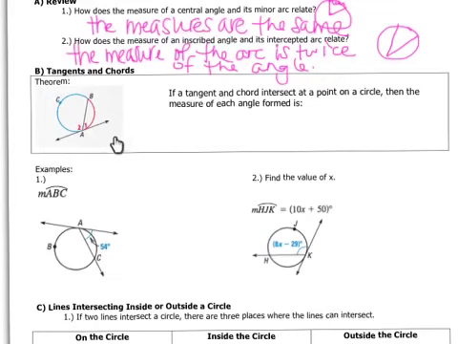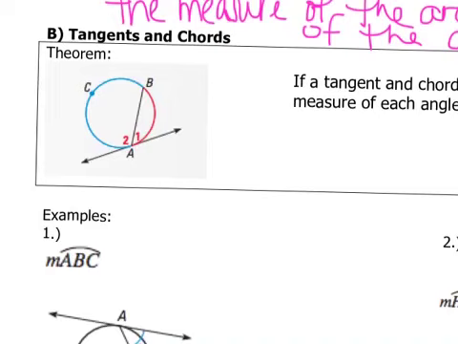We have 2 angles formed here by that chord. We have angle 1, which is right here. The measure of that angle is half the measure of its intercepted arc.